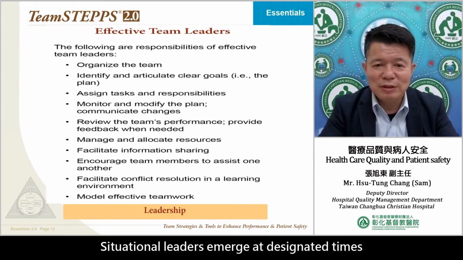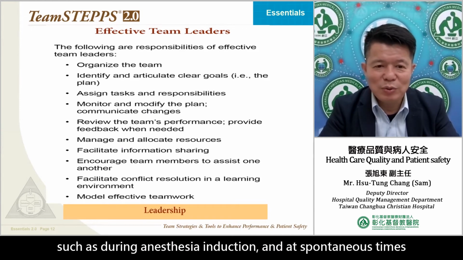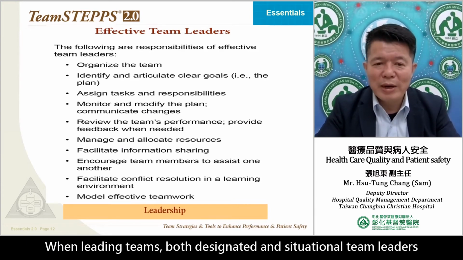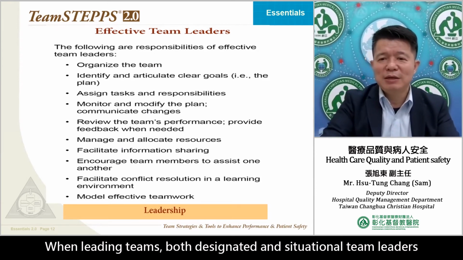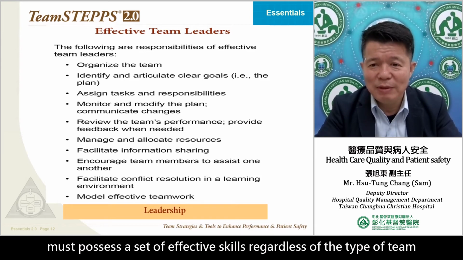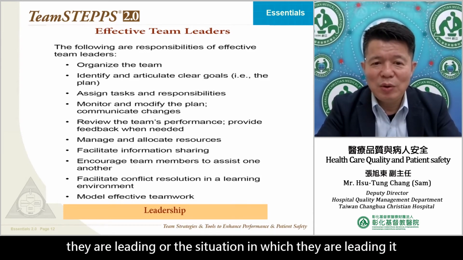Situational leaders emerge at designated times, such as during anesthesia induction, and at spontaneous times, for instance, the first responder to a call. When leading teams, both designated and situational team leaders must possess a set of effective skills regardless of the type of team they are leading or the situation.